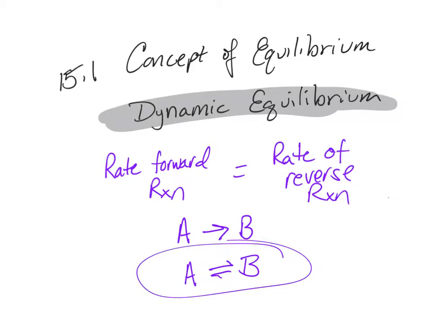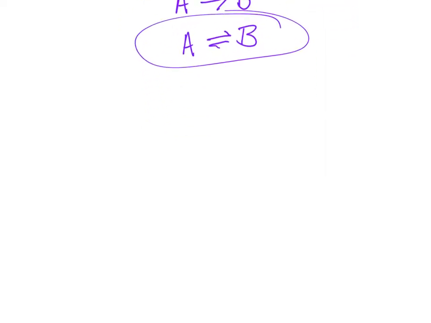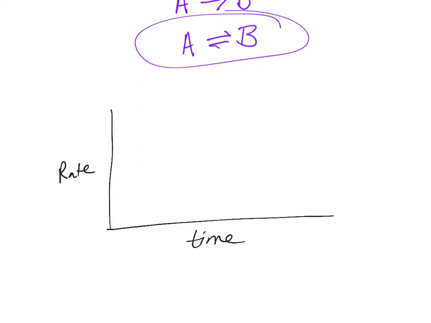The other important concept that relates to what we just said about dynamic equilibrium is how we relate rate and time. And we saw this in the last chapter, where the rate for the formation of products for the forward reaction may look something like this, whereas the rate for the products forming reactants may look something like this.